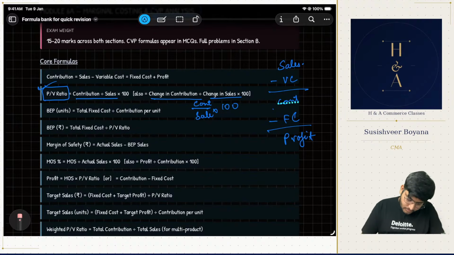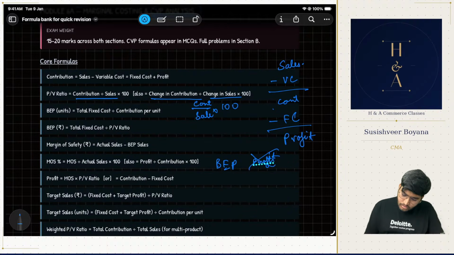Okay, so BEP. What is BEP? BEP is break even point. Break even point is a point at which there is no profit or no loss.